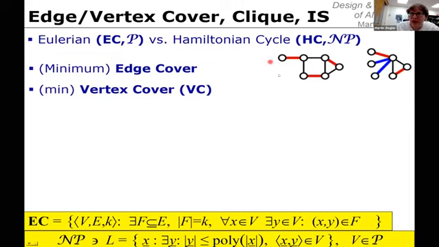So here you see a graph with 6 vertices and 7 edges, right? And this graph has an edge cover of size 3, namely the 3 edges painted in red.